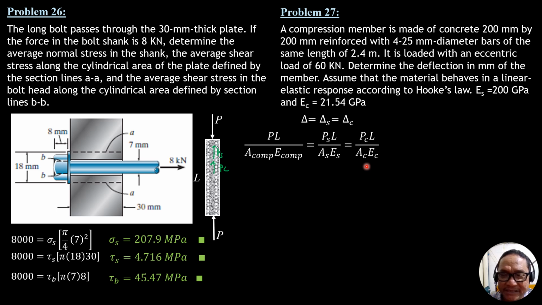From this last equation, we cancel L. So we have P sub C equals P sub S, area C, E sub C divided by area S, E sub S. So this equation comes from here after we cancel L and solve for P sub C. So P is equal to P of steel plus P of concrete, and it is equal to P sub S plus P sub C, which is this.